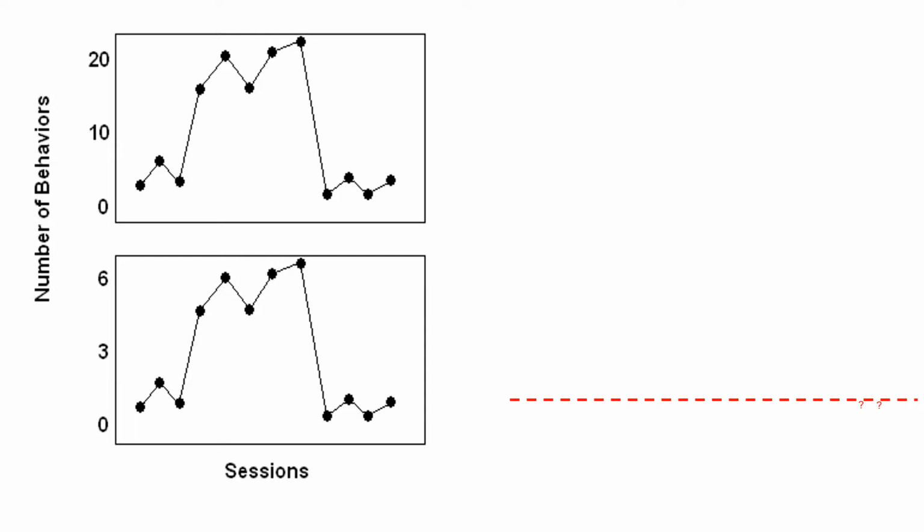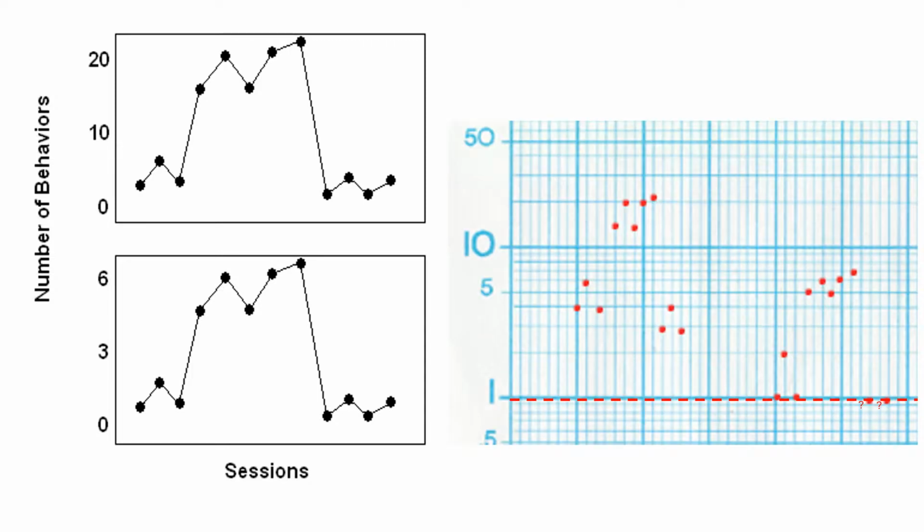However, it's difficult to really judge the severity of the change. These differences in scale are more visually apparent on the SCC, and the scale is consistent, preventing any ambiguity. The same data are represented on the right on an SCC. The first batch of data corresponds to the top graph on the left, and the second batch to the bottom graph on the left.